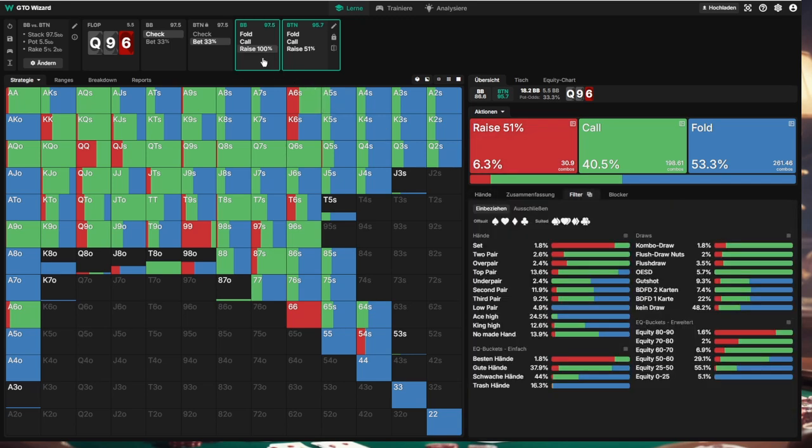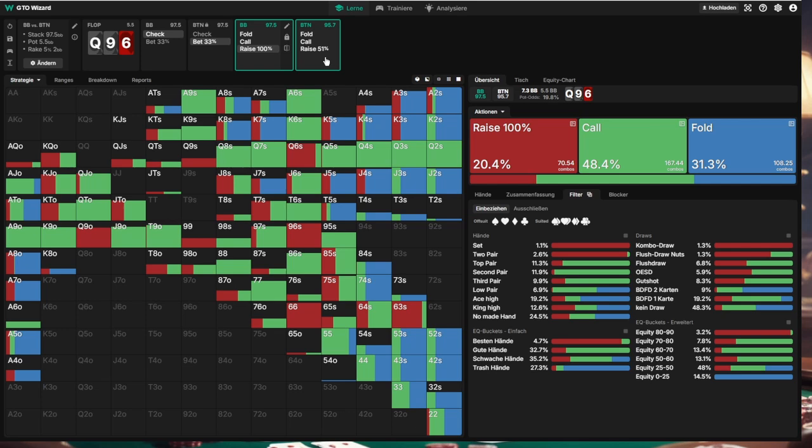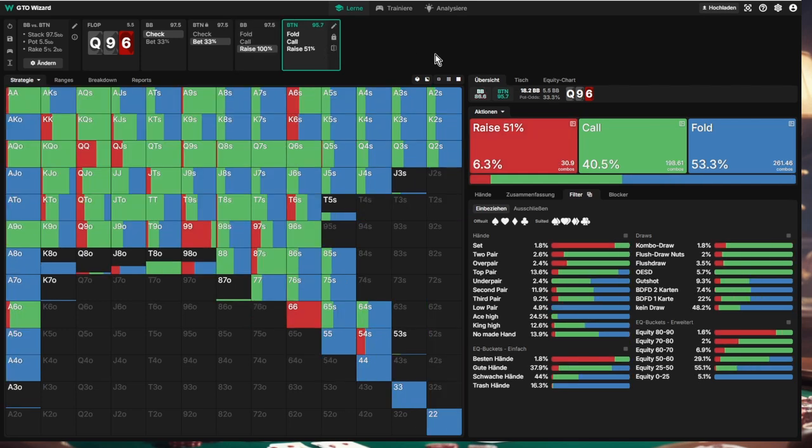When we look at what our opponent's most likely value is, it's usually those two pairs, and if we have a pair to the board, we are also blocking those potential two pair combinations, which therefore means it's more likely he has a draw. And it's also good if we're thinking about unblocking stuff. For example, if we don't have a spade in our hand, it's even better, because then our opponent has all the flush draws available to them, which means he's even more likely to have a bluff.